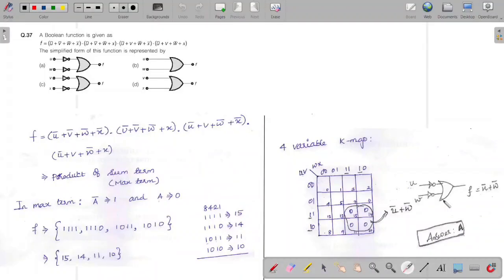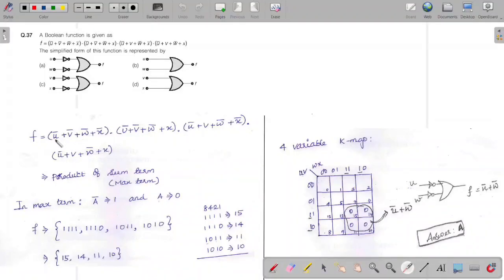The Boolean function given here is a product of sum terms. The sum term is called a max term. In a max term, we consider the complemented form of any variable as 1. If I am considering a as a variable, the complement form of a is equal to 1, and the uncomplemented form of the variable is considered as 0.